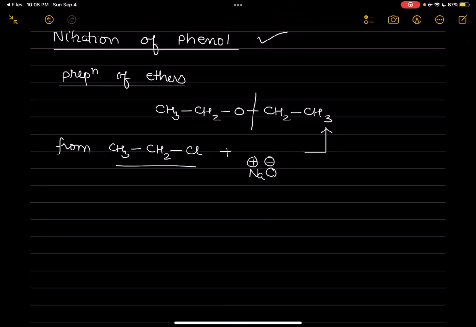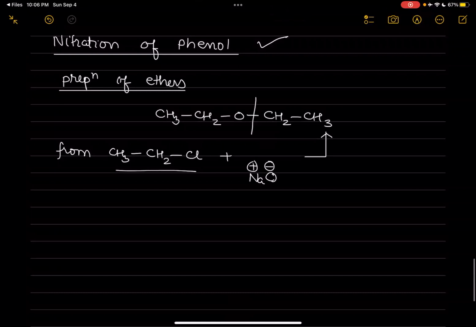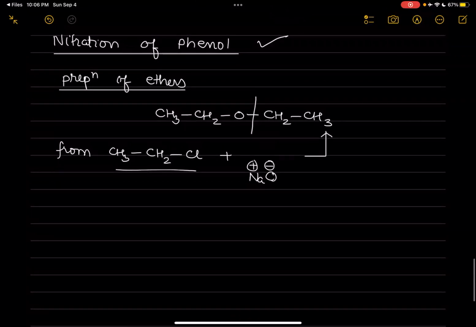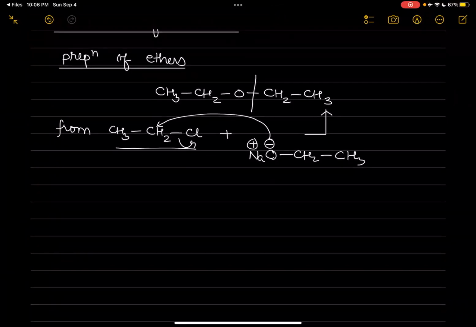This is having O, right? So this is going to come and substitute the Cl. Okay, Williamson ether synthesis.